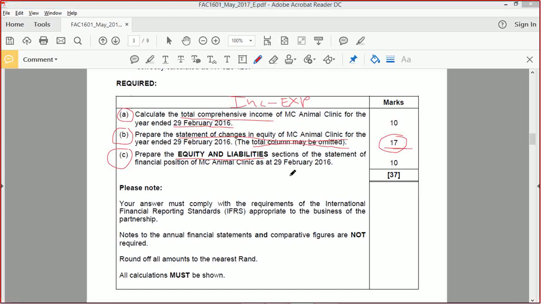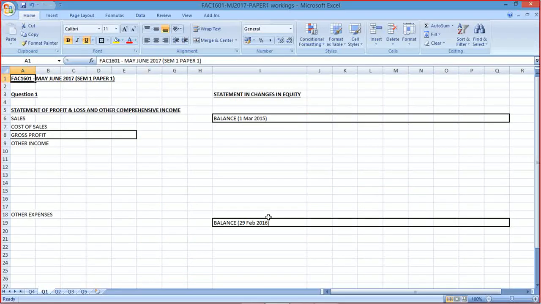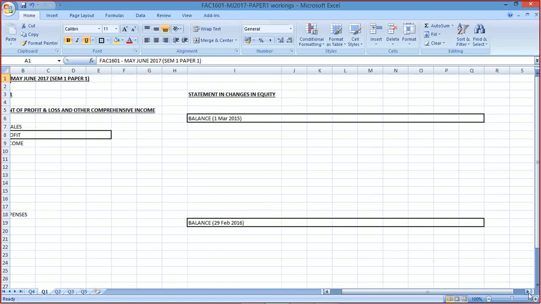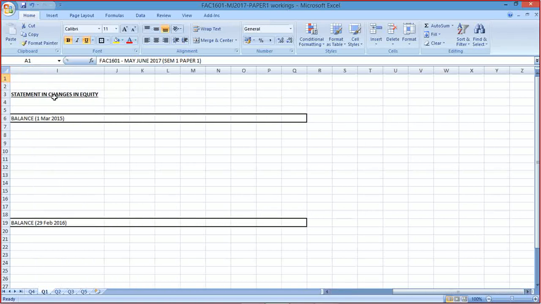There's nothing wrong with the approach. Okay, so equity and liabilities, let's draw a heading. I'm going to do this on the right here, just move it across, and I'm going to write down statement of financial position. Okay, statement of changes in equity, statement of financial position.